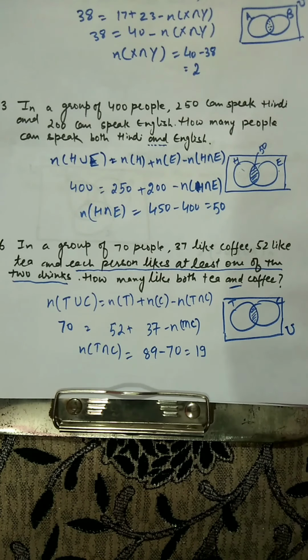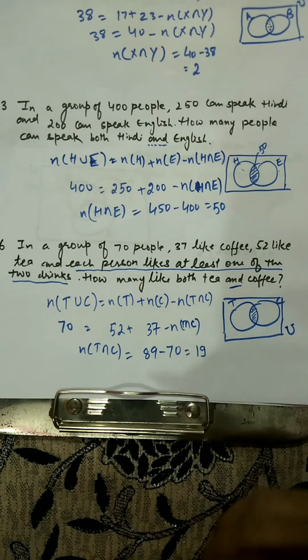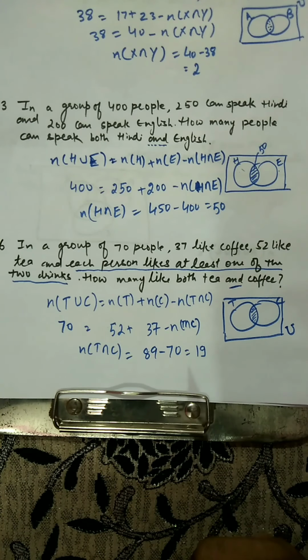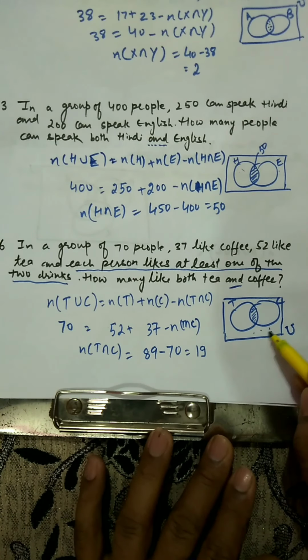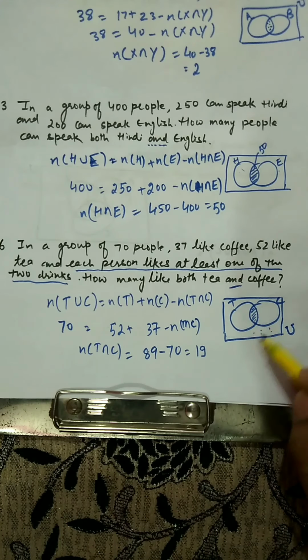It means at least one, and maximum there are two, so tea and coffee both. So here there is not a single person in a group of 70 people who does not like either tea or coffee. It simply means in this area, out of this circle, there is no person here.